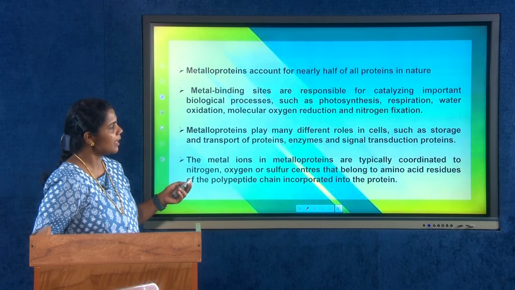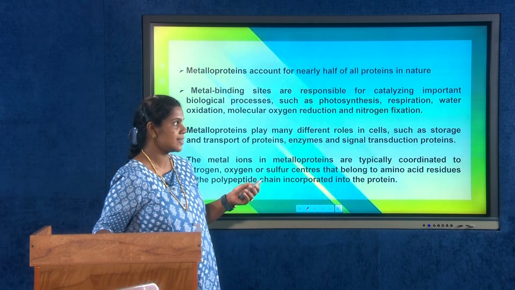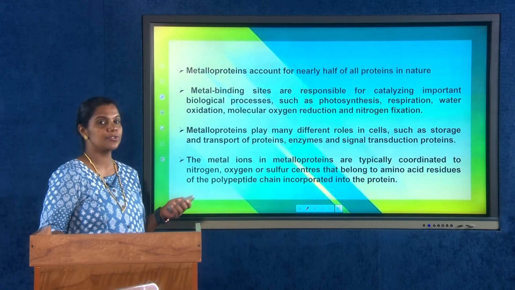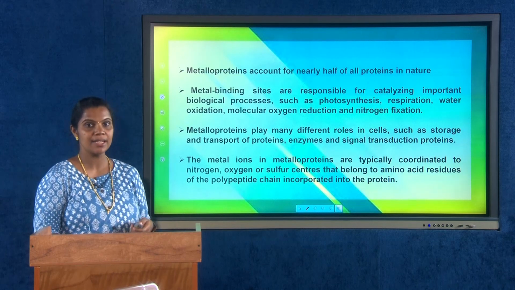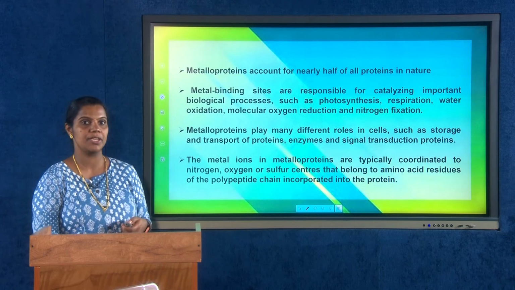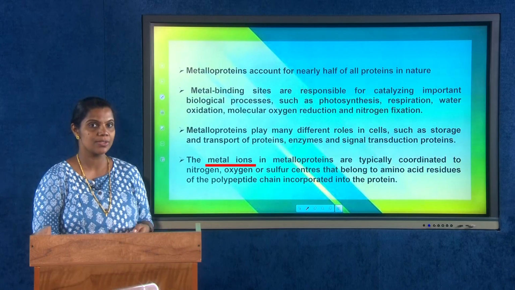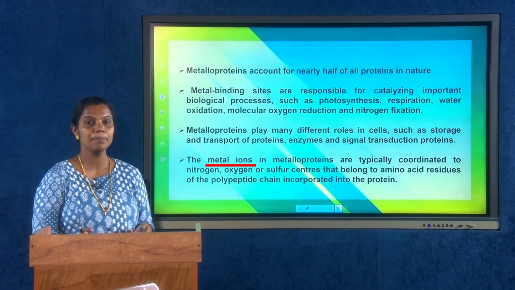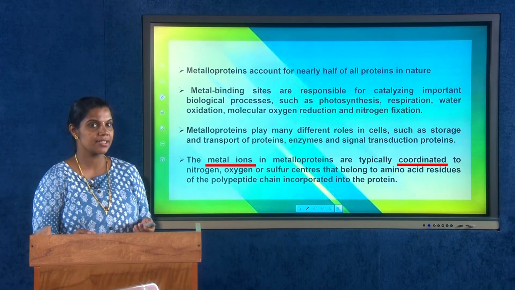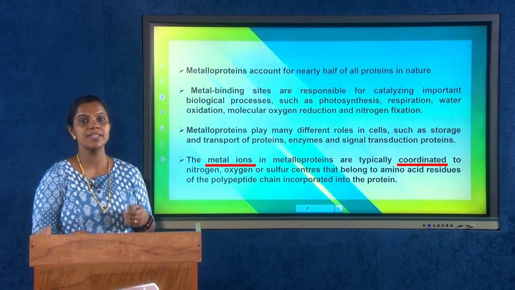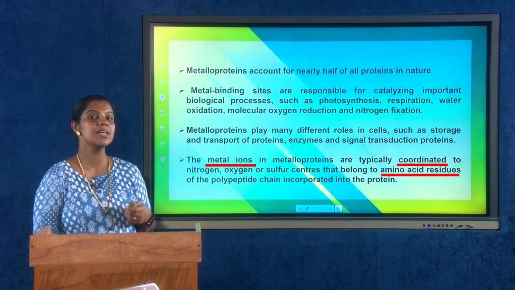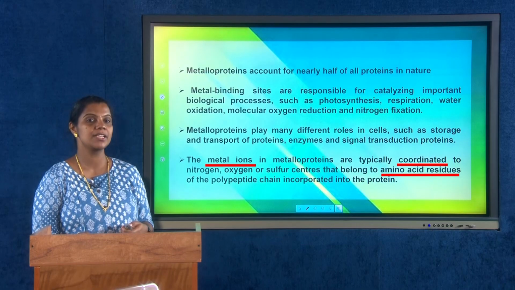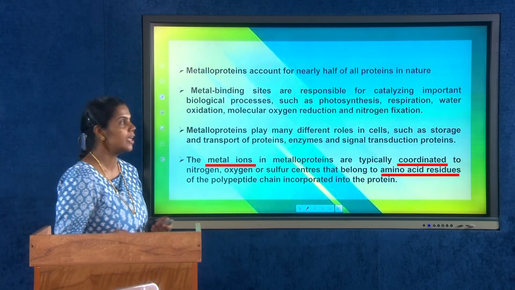Metalloproteins play many different roles in cells such as storage and transport of proteins, enzymes, and signal transduction proteins. The metal ions in metalloproteins are typically coordinated to nitrogen, oxygen, or sulfur centers that belong to amino acid residues of the polypeptide chain incorporated into the protein.